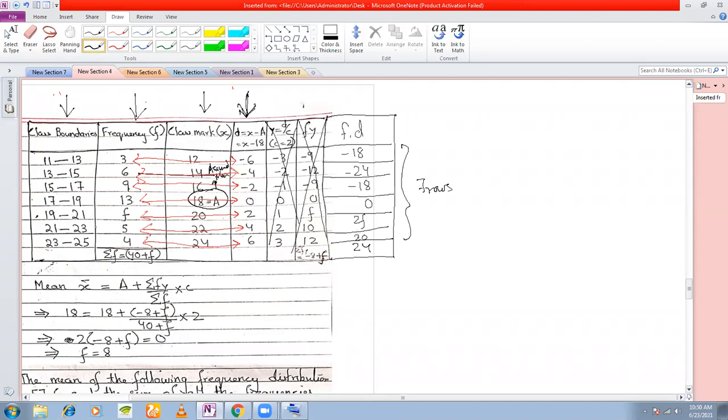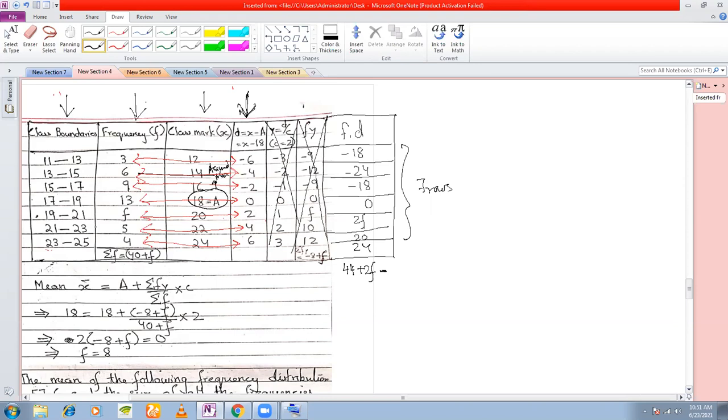Add up this. Just give me time to add up. First, add up the positive values. So you have 24 plus 20, 44. So you have 44 plus 2F. And then you add up the negative values. 18, 24, 60.